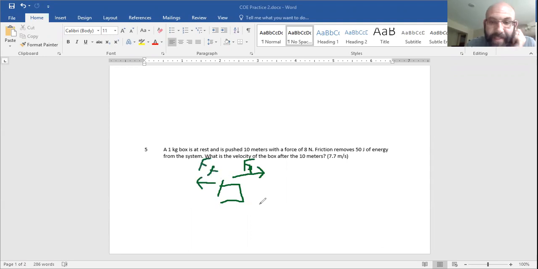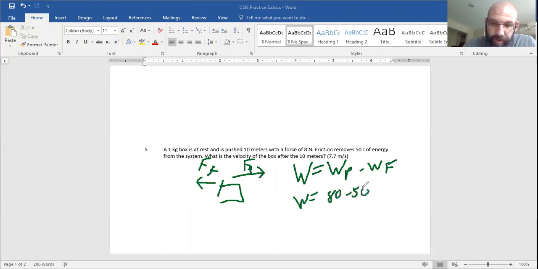And we're going to basically turn them both into work. So the net work would be work push minus work friction. Work equals the pushing force, that's 10 times 8, or 80. And friction is 50. So the net work is 30 joules.